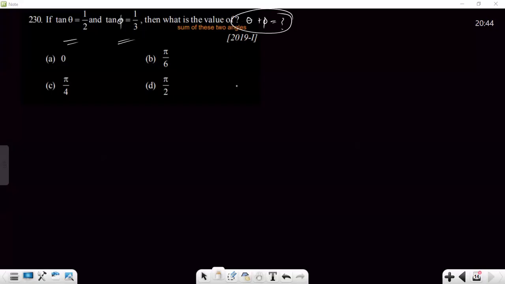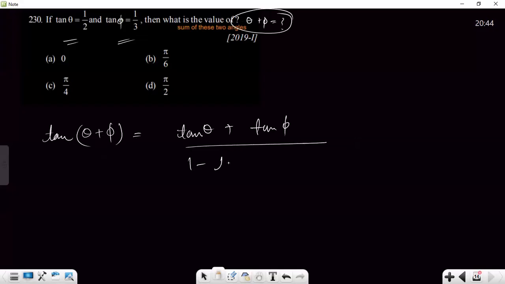We are aware that the formula for tan of theta plus phi is tan theta plus tan phi divided by 1 minus tan theta into tan phi.